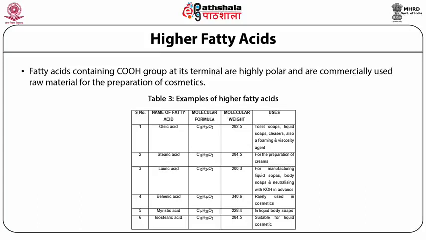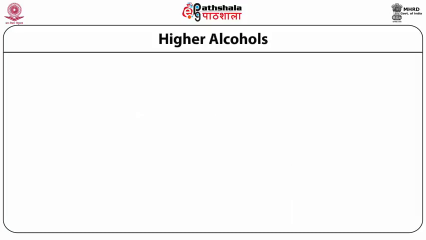Number 5, myristic acid, which has a molecular weight of 228.4 and is a white component in liquid body soaps. Number 6, isostearic acid, which has a molecular weight of 284.5 and is also widely used for liquid cosmetics.